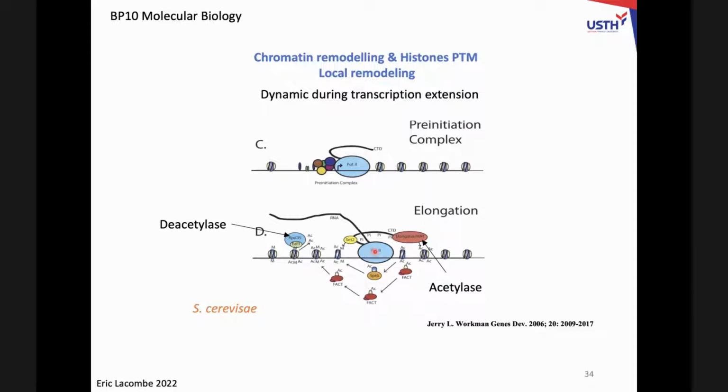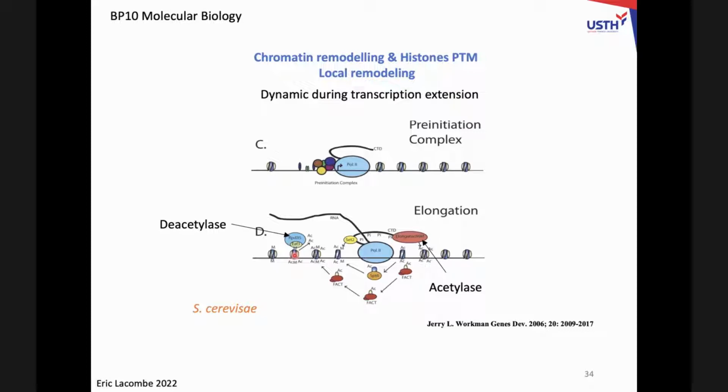And on the other side, at the beginning, everything is ready to start transcription. As transcription is going on, acetylation is done on the new reads, but at the back, there are some enzymes that remove the acetyl group in order to recompact the chromatin that has already been read.